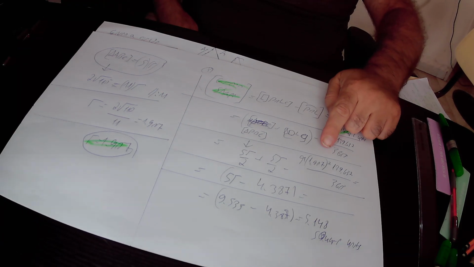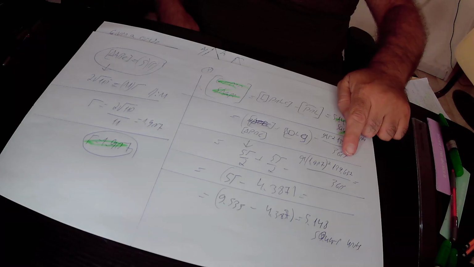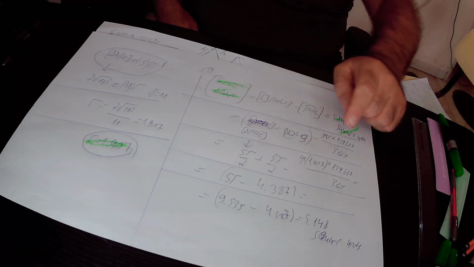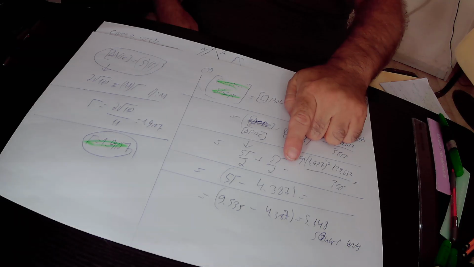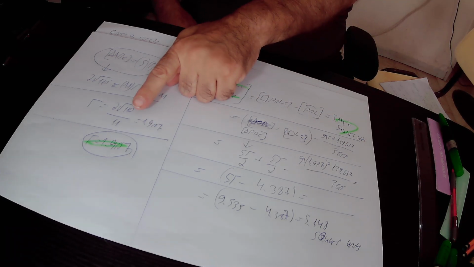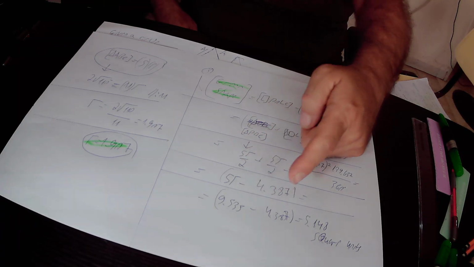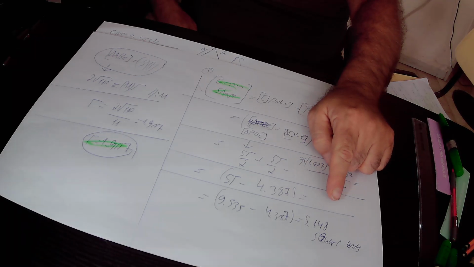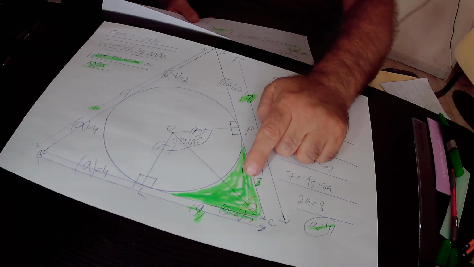So pi r squared is pi times 1.907 squared times 139.632 degrees over 360 degrees. 5R over 2 plus 5R over 2 is 5R. The value of this expression equals 4.387 square units in size. R is 1.907, therefore 5R is 5 times 1.907, that is 9.535, minus 4.387, which equals 5.148. In total, the area of this grain shape, the area that we are looking for in this question, is equal to 5.148 square units in size.